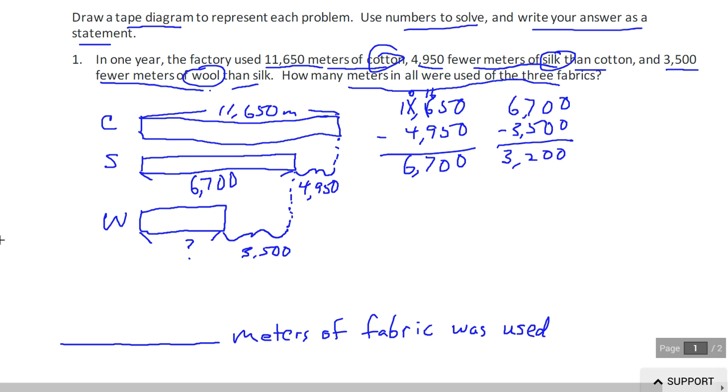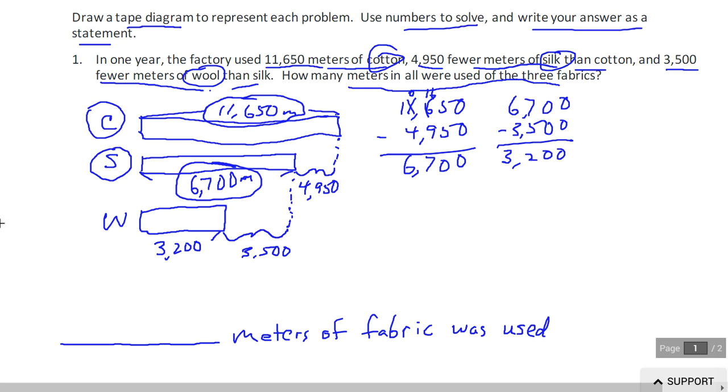So we now know that the wool is 3,200. So now we know the cotton is 11,650. We knew that from the beginning. These are all meters. And from our subtracting, we know that the silk is 6,700, and we know that the wool is 3,200.